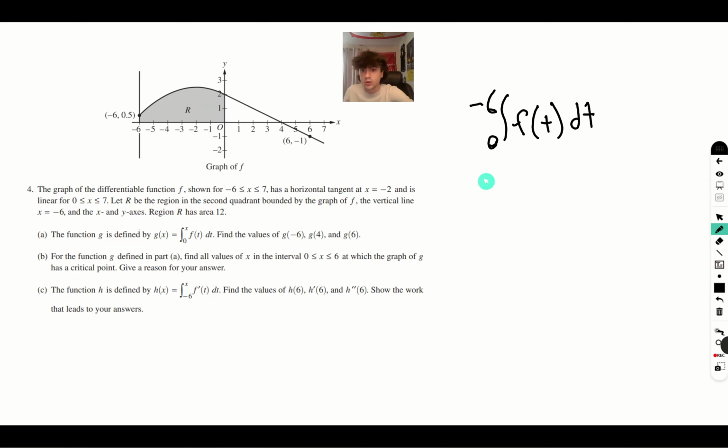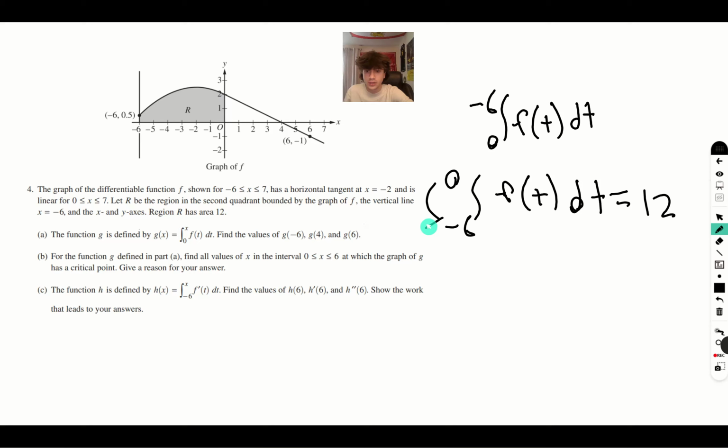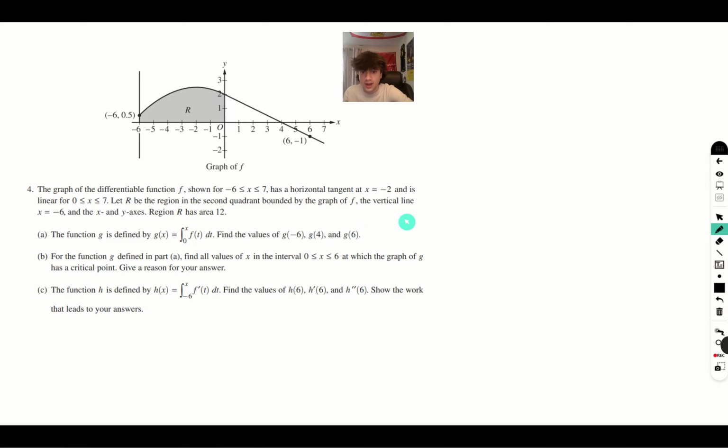So if the integral was from -6 to 0 of f of t dt, the answer would be the area under the curve, which is 12. But when we flip these limits around, you have to flip the sign as well. So we get a negative out in front, and this becomes -12. So there's the answer for that first part. We get -12.